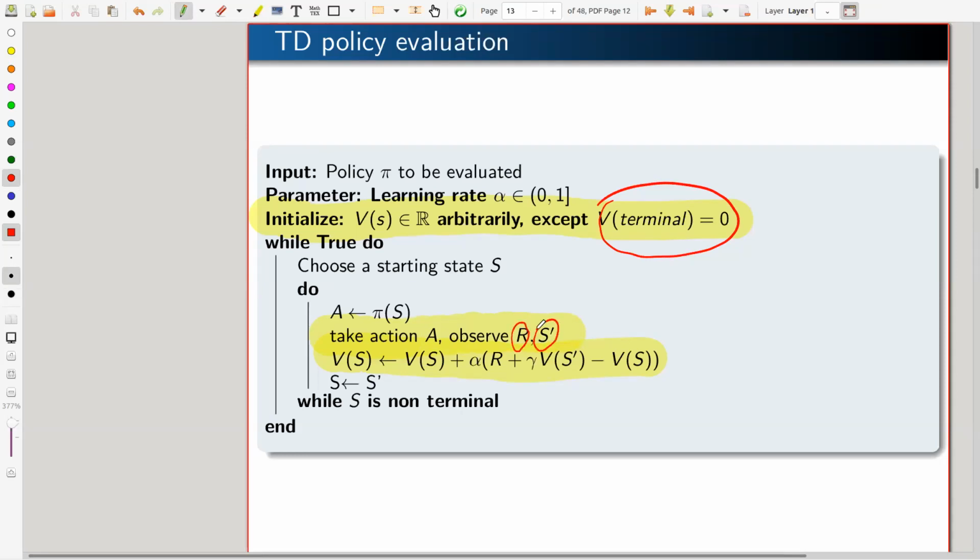Stop if the state is terminal, and then go on from the beginning. Choose a starting state and so on. And you see that in this algorithm the initial distribution is important. Choosing a starting state means, in a certain way, an initial distribution over the states.